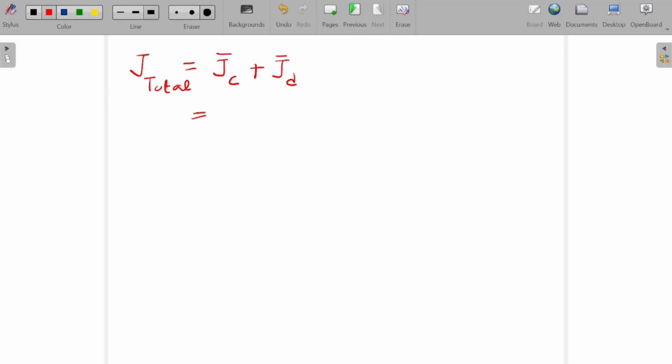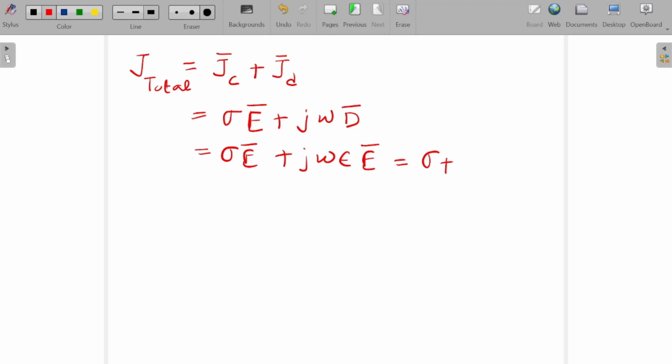We know that Ohm's law suggests that conductivity into electric field is equal to Jc, and as we have defined from j omega D, the displacement current density is j omega D. So here we can write sigma E plus j omega D, where D can be written as epsilon E, epsilon being the permittivity of the medium. Taking E common, we will have sigma plus j omega epsilon into E.